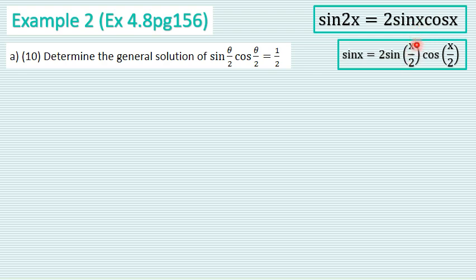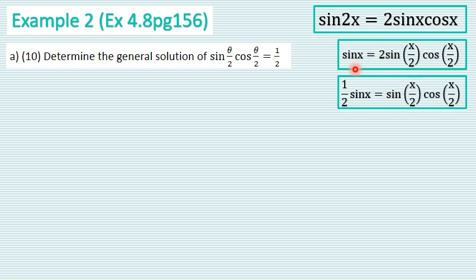So if the right-hand side represents the singles, so x over 2 is the single angle, the double angle will just be 1x. So a half x represents one single, then the double will be 1x.